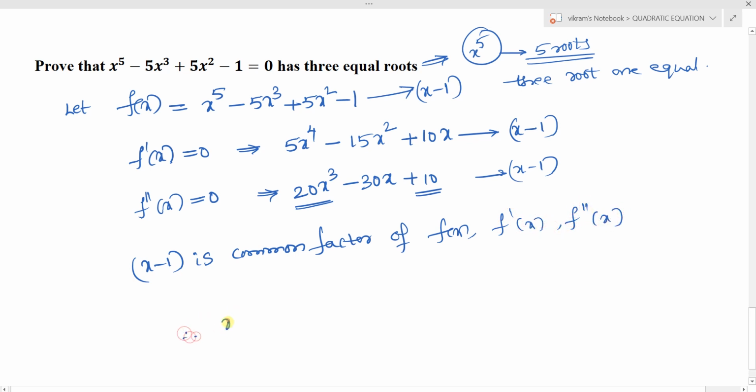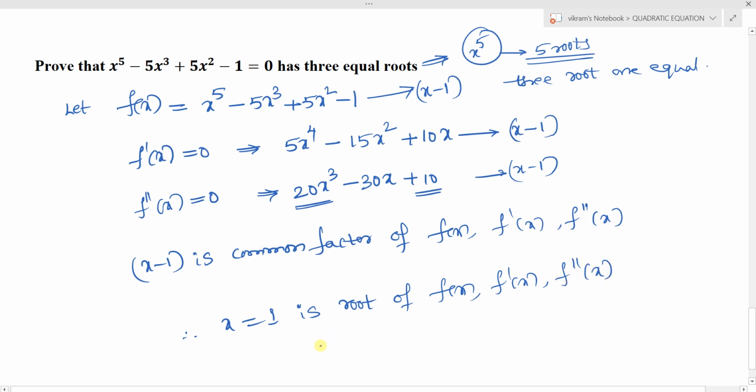Therefore, x is equal to 1 is a root of f of x, f dash of x and f double dash of x.